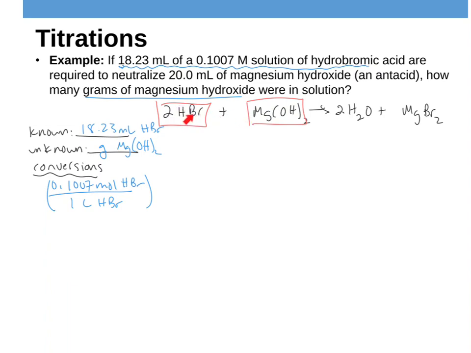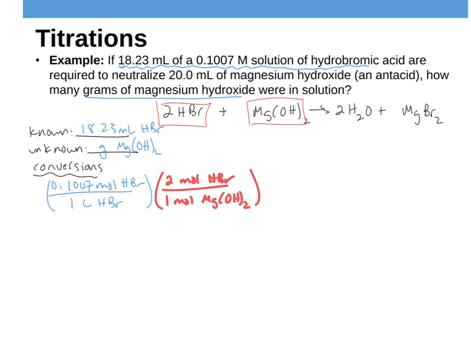I need 2 acids to react with 1 magnesium hydroxide, because there's 2 hydroxides for every 1 magnesium hydroxide. So my mole ratio is informed by my balanced equation: 2 moles of HBr for every 1 mole of magnesium hydroxide. Again, we're just following what the equation says.